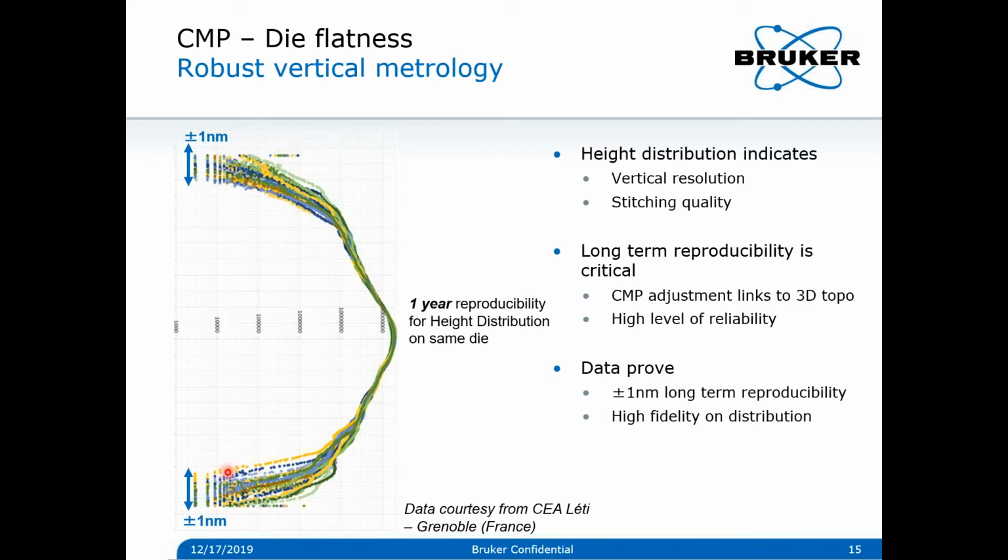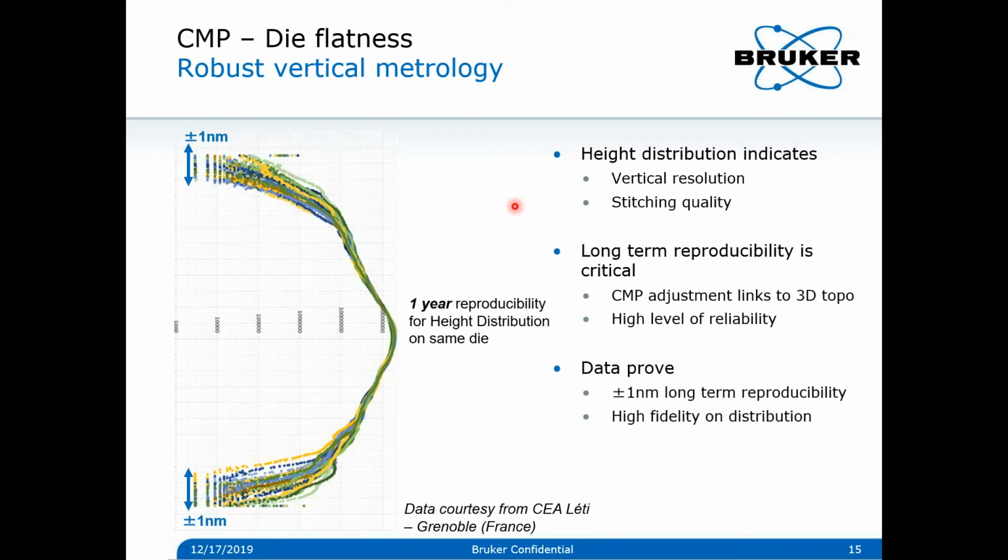Here is the protrusions region, here is really the dishing region, so you really want those regions, even though almost close to the noise, to be very reliable. And you can see that over a year the dispersion is no more than plus or minus 1 nanometer, which is required.